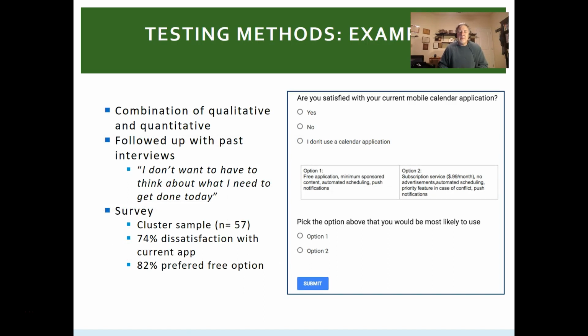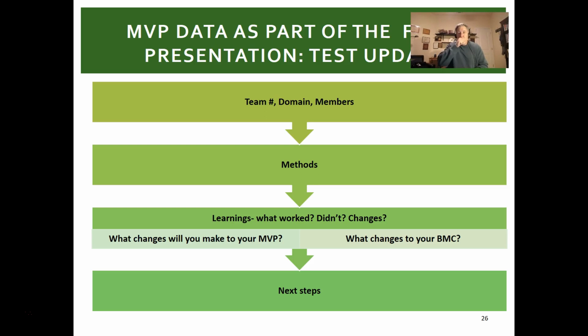So for testing methods, here's an example: you could do something with a QR code that kicks out into a survey, or a link that follows an introduction from a landing page. You can then have several key questions in SurveyMonkey, or you can do it in Google as well.